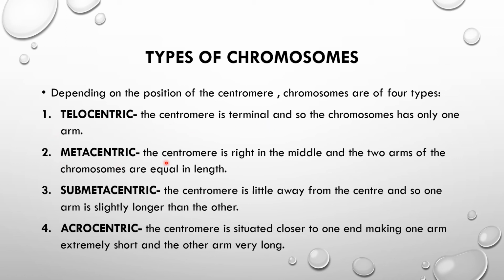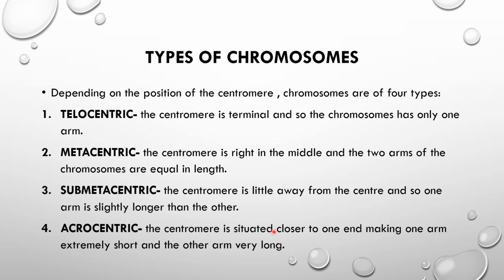Metacentric: the centromere is right in the middle and the two arms of the chromosome are equal in length. Submetacentric: the centromere is a little away from the center and so one arm is slightly longer than the other. Acrocentric: the centromere is situated closer to one end, making one arm extremely short and the other arm very long.